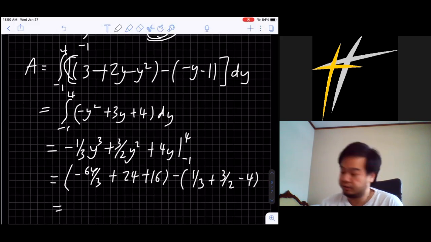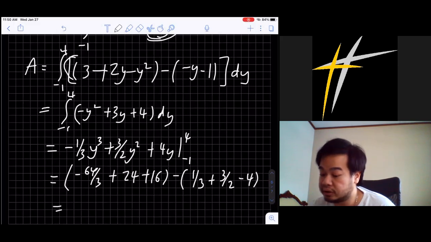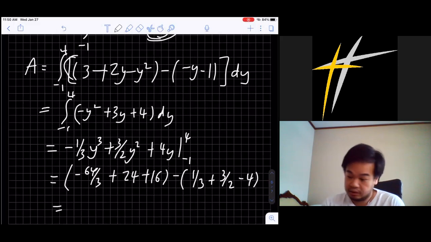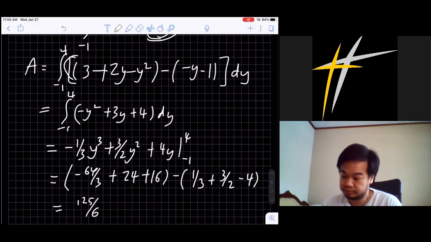If you calculate it, the result will be 125 over 6, which is around 20.83.